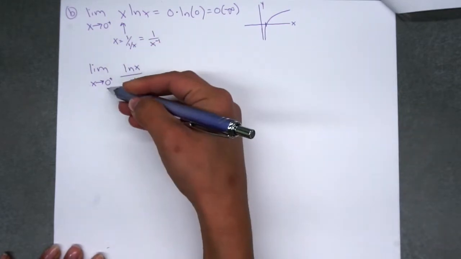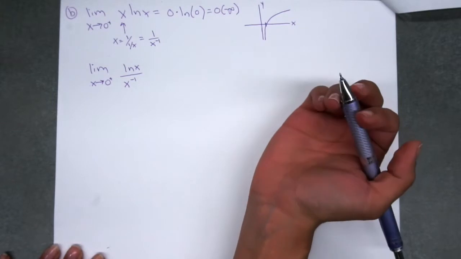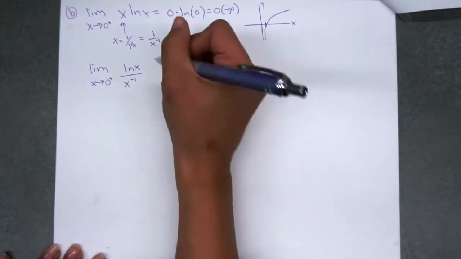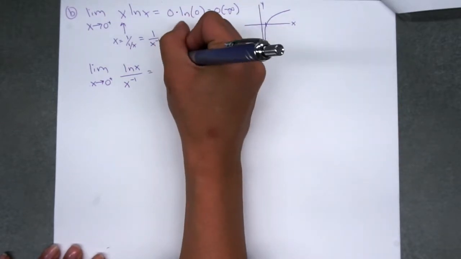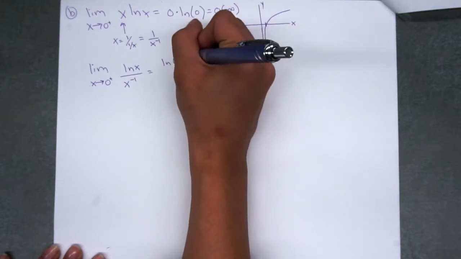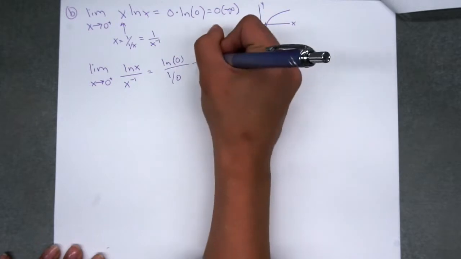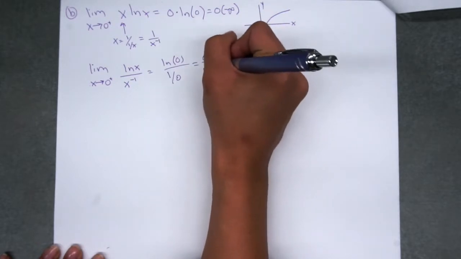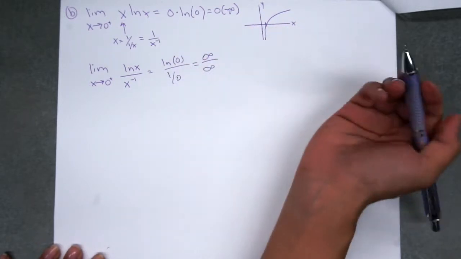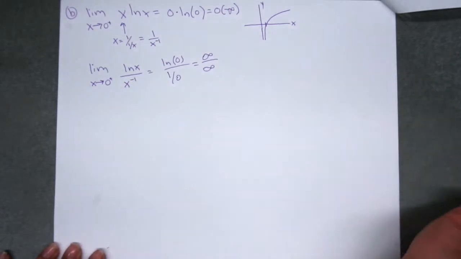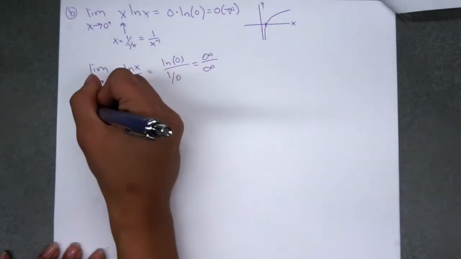So now let's go ahead and plug 0 back in, just to make sure it's still in an indeterminate form. We would get natural log 0 divided by 1 divided by 0, which is equal to infinity over infinity. We say 1 divided by 0 is infinity. So now we can apply L'Hopital's rule.